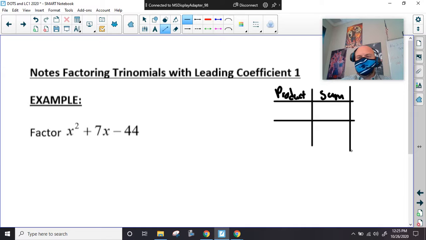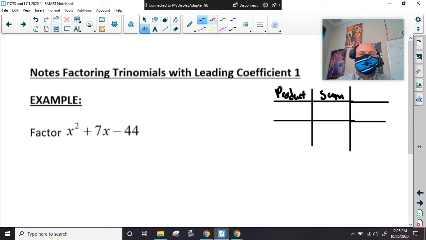And then we had another thing here and here. All right. And then if you had these numbers, the product was negative 44 and the sum was positive 7, okay? So what were the numbers that when we multiply them, we get 44, but when we add them, we get 7.